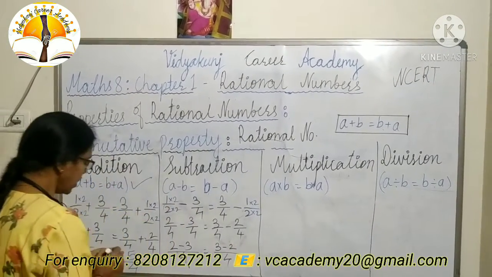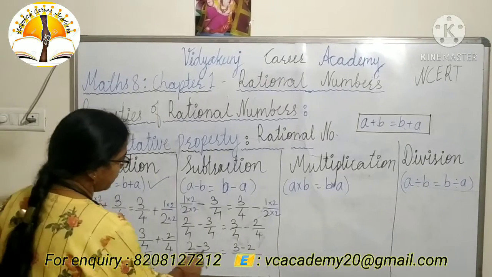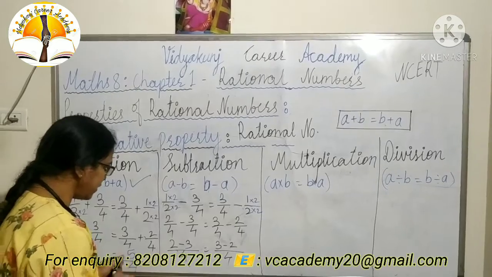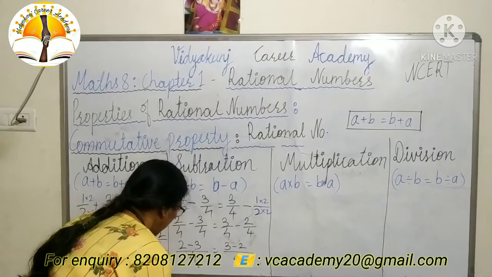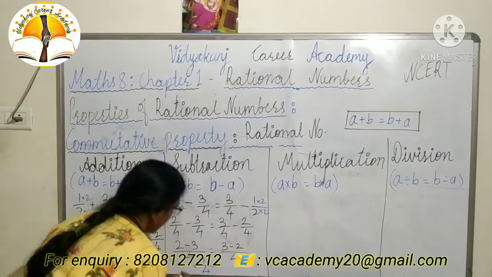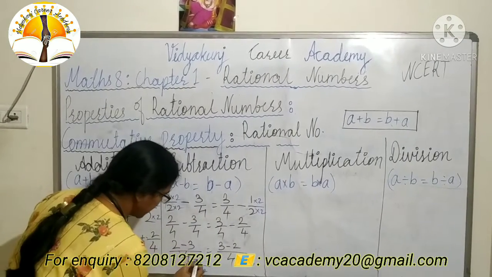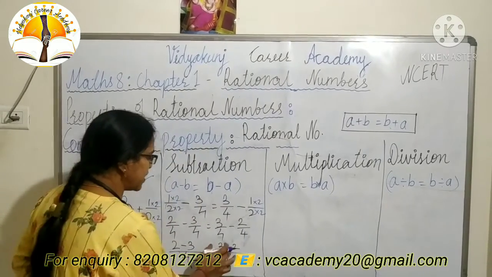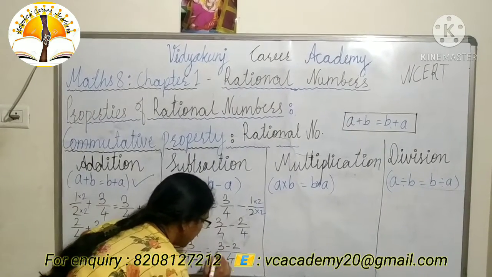Now look at here. 2 minus 3. What is its answer? 2 minus 3. What is its answer? I will write in blue. Here bigger number sign is minus, so I kept here minus. Okay. Now here 3 minus 2. Here bigger number sign is plus.